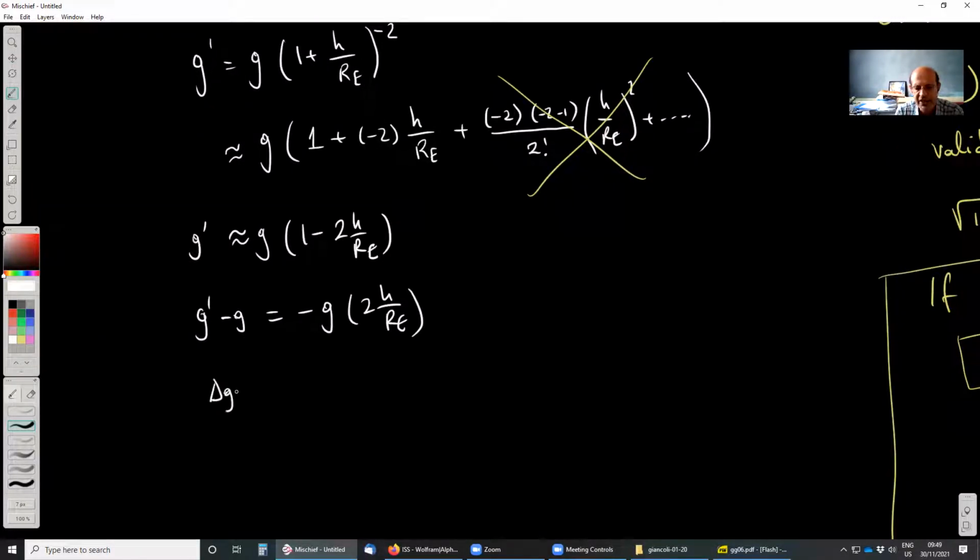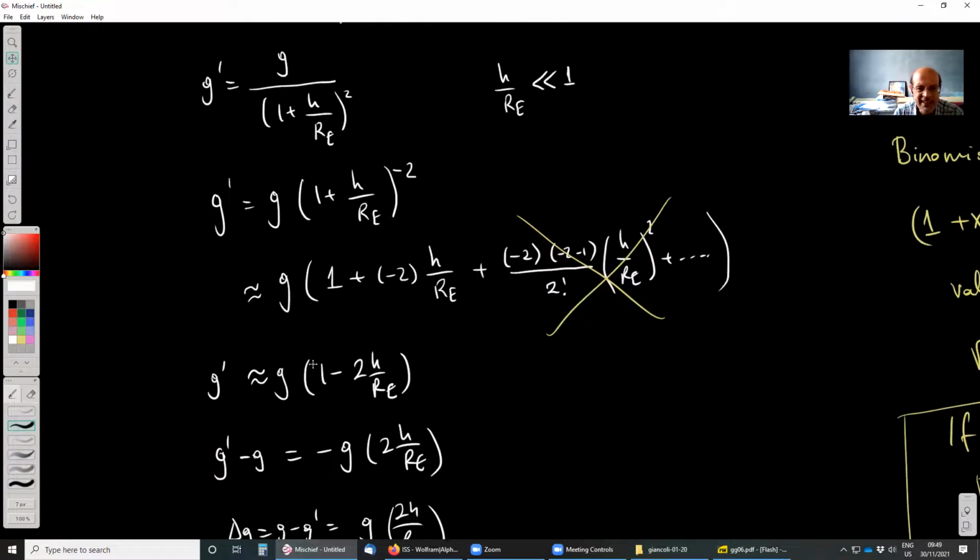So delta g, g minus g prime, is g times 2h divided by re. It's the same expression, but you reach it in a faster way. And somehow you have also read out these quantities with the dimensions.